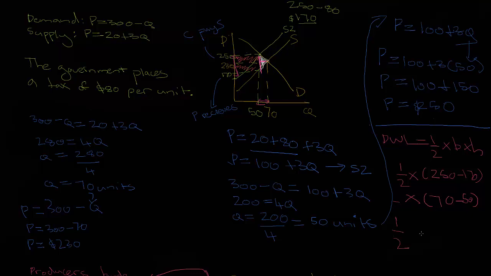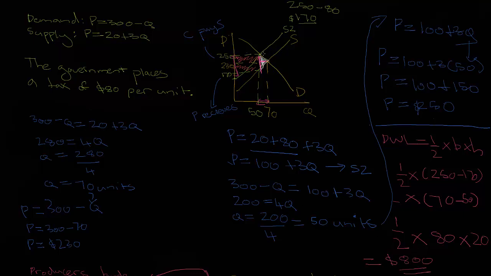Simplify it down to half times 250 minus 170, which is 80, times 70 minus 50, which is 20. So the value of our deadweight loss is half times 80 times 20, which is $800. So this is a deadweight loss to society.